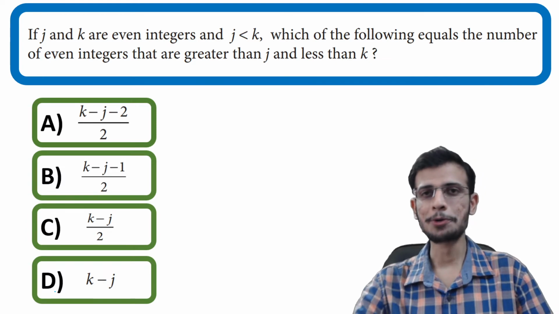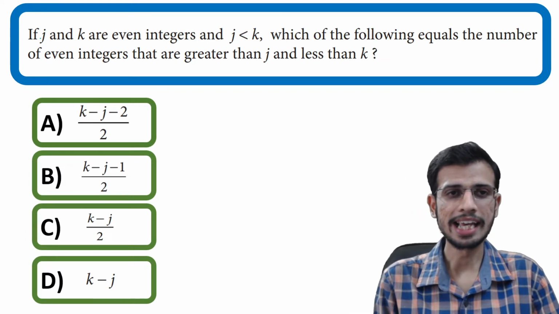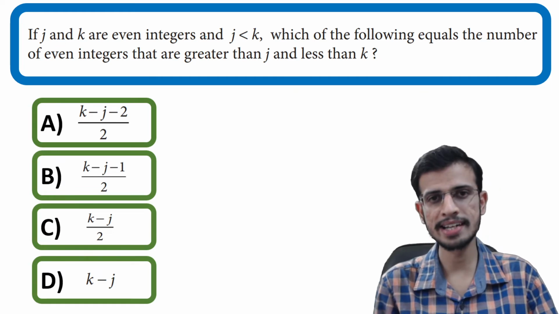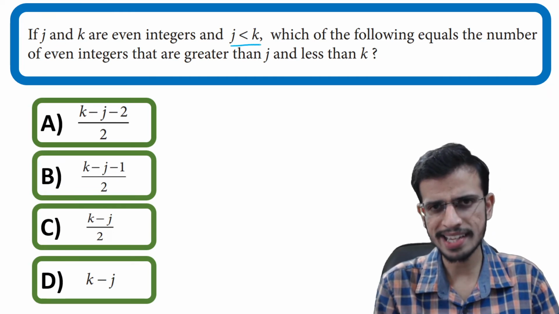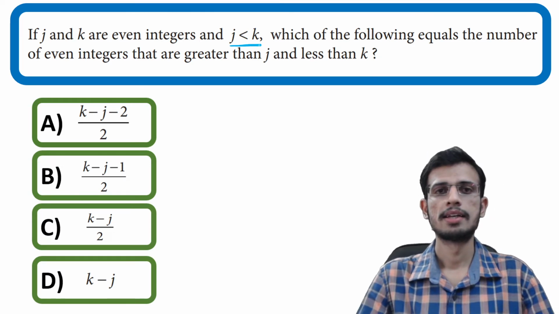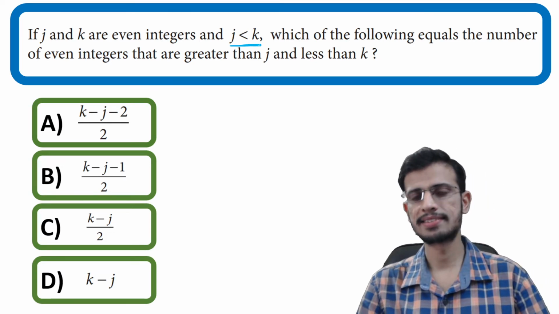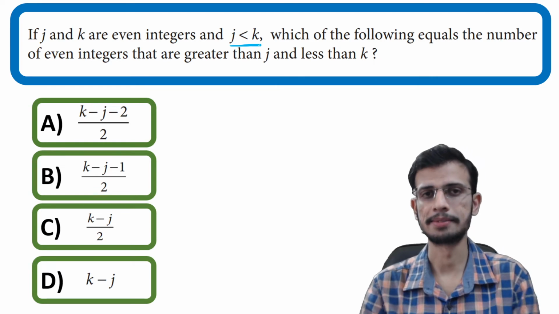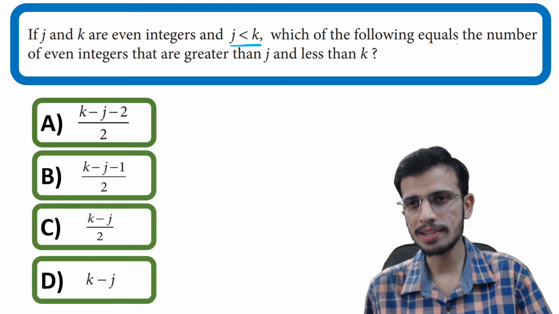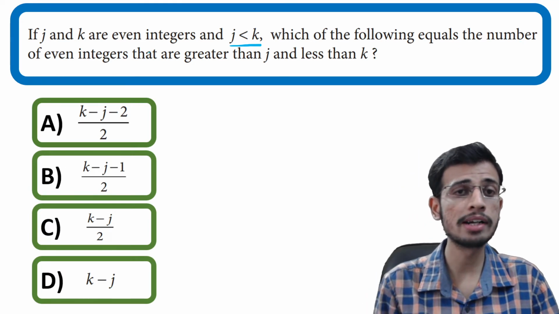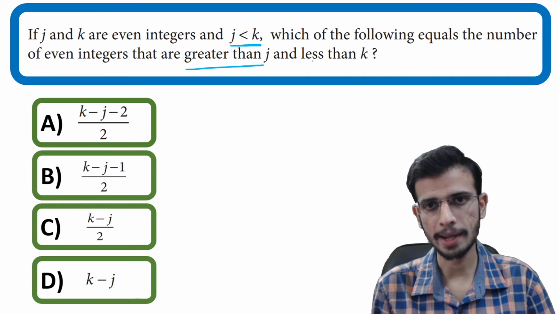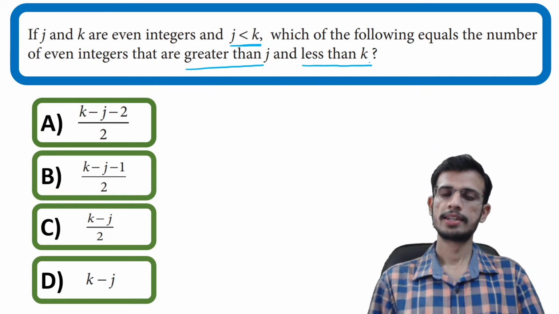This question is easy compared to the earlier question. If j and k are even integers, j is less than k. Which of the following equals the number of even integers that are greater than j and less than k?